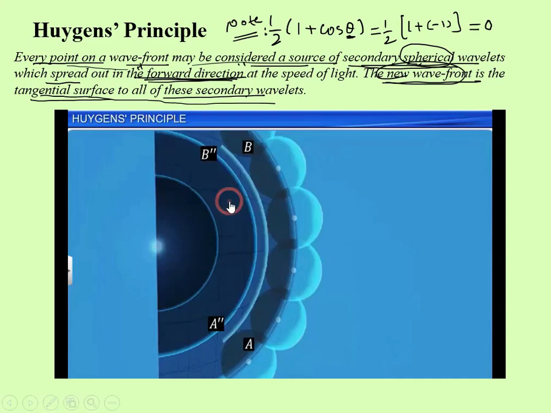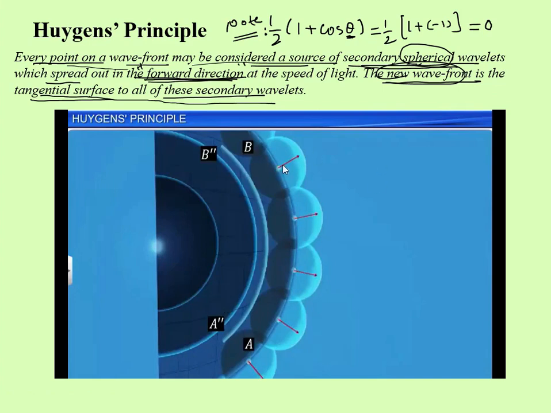Now if we continue with this, it shows that all these secondary wavelets, or rather the wavefronts in the backward directions, are eliminated. Correct? So these are all secondary wavelets, and this is what the Huygens principle shows.